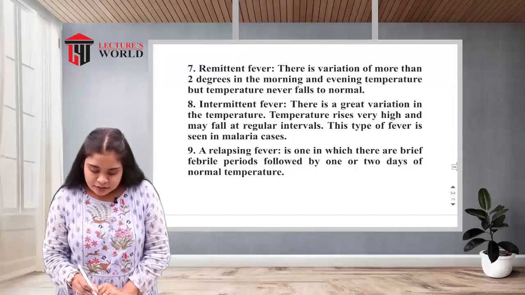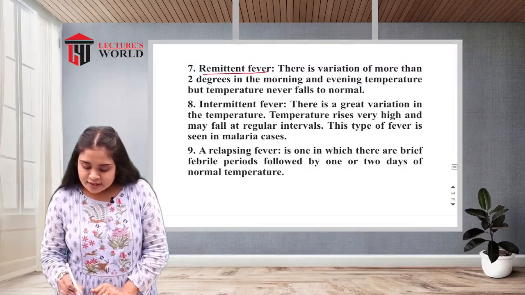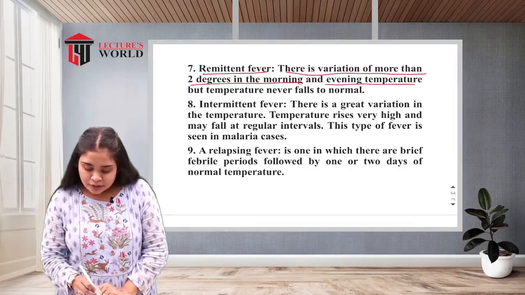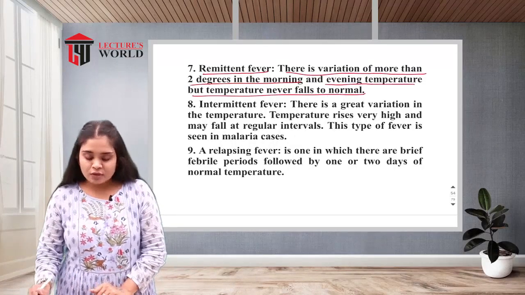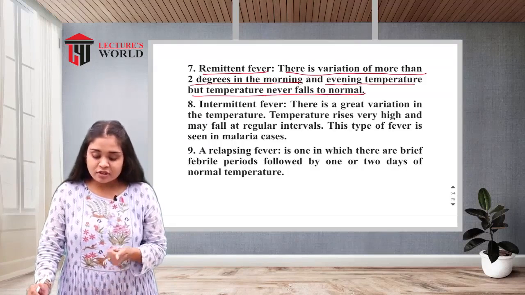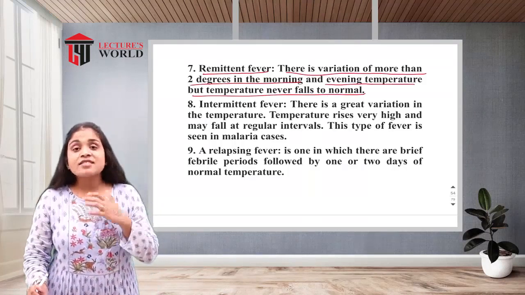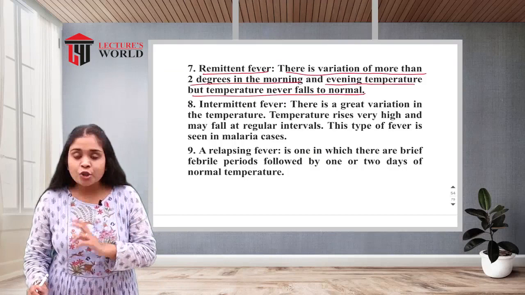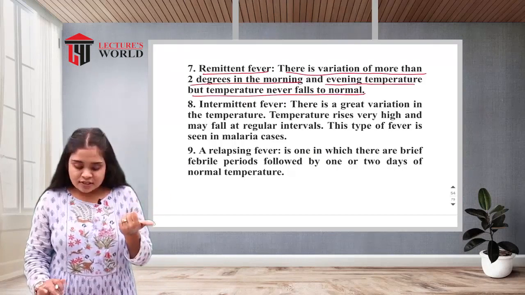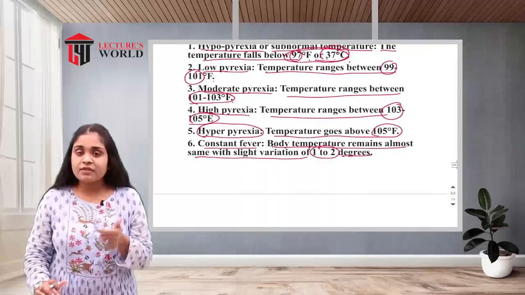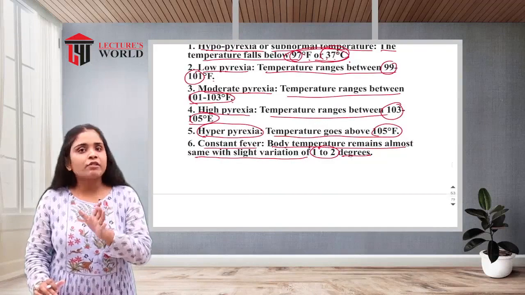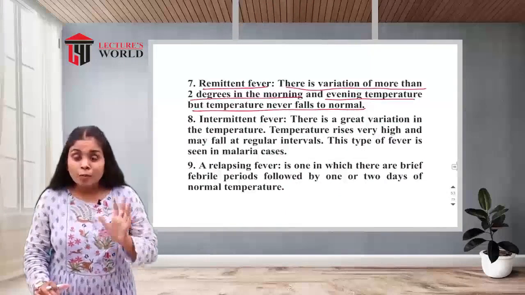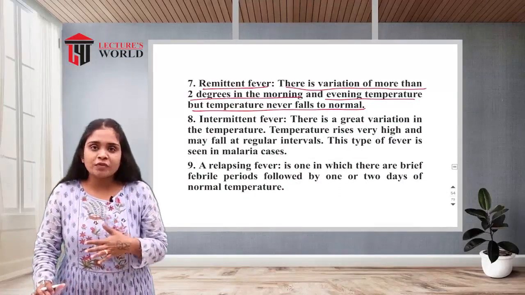Then after that, remittent fever. There is a variation of more than 2 degrees in the morning and evening temperature, but the temperature never falls to normal. So in remittent fever, there is a variation of more than 2 degrees. Previously we saw that in a constant fever the variation is 1 to 2 degrees, but here more than 2 degrees of variation will be there.